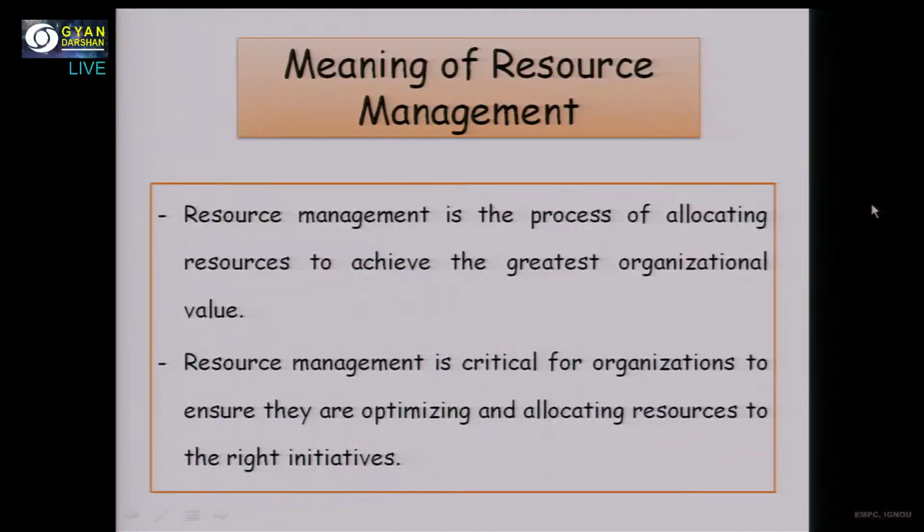And another definition regarding resource management: it is critical for organizations to ensure that they are optimizing and allocating resources to the right initiatives. So there are different types of resources, whether it is directed to the right purpose, or are we utilizing it or wasting it, or simply stagnant resources may be there in an institution.